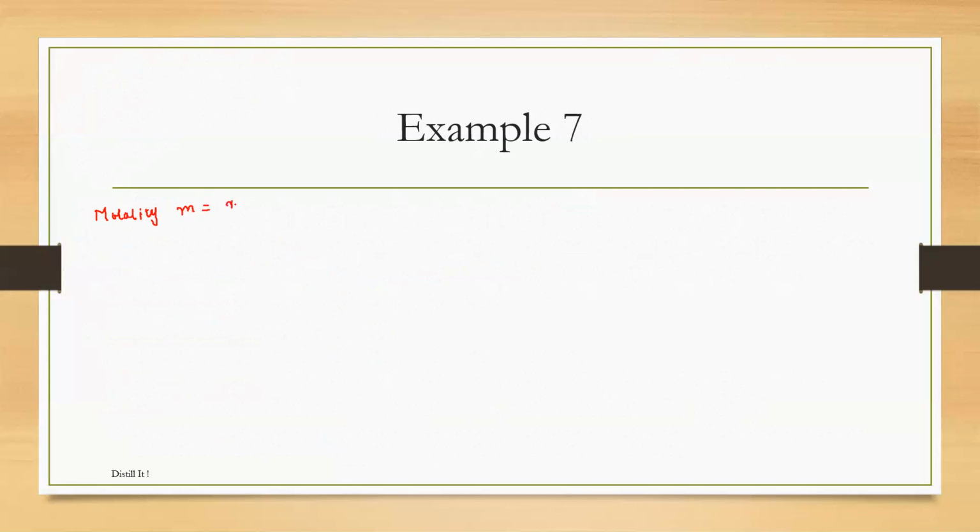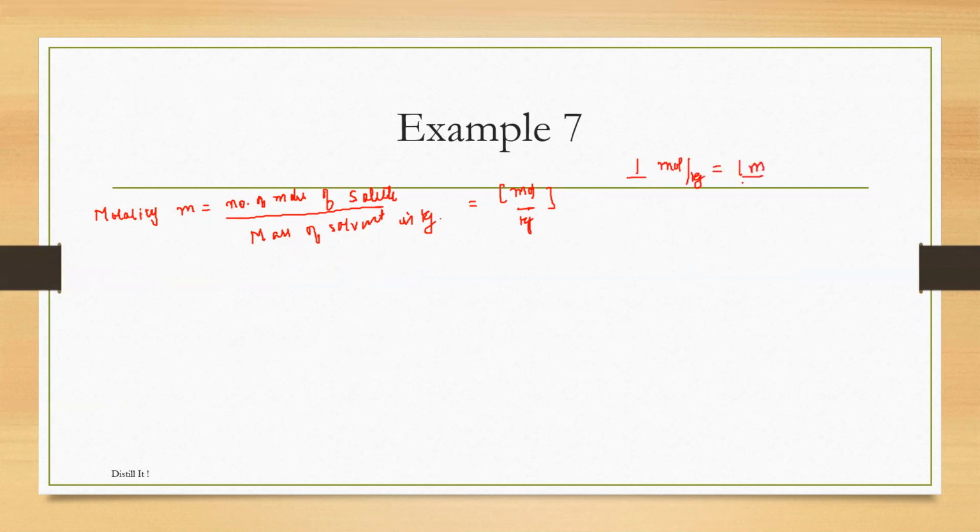Molality is nothing but number of moles of solute upon mass of solvent in kg. The unit is mole per kg, and we discussed that 1 mole per kg is equal to 1 molal.